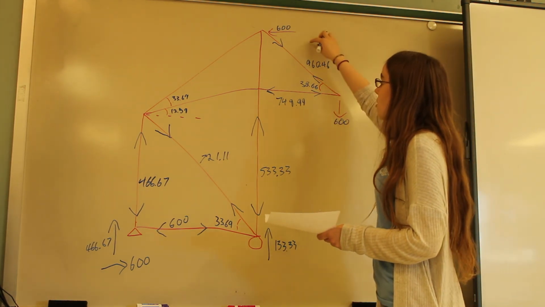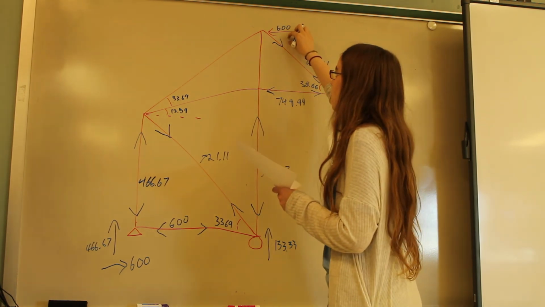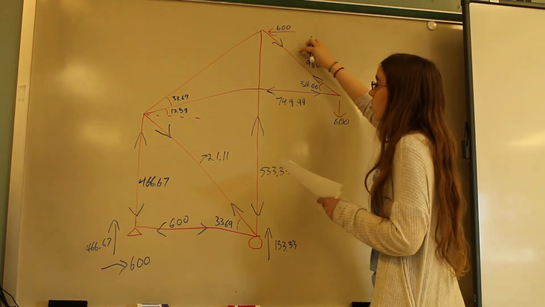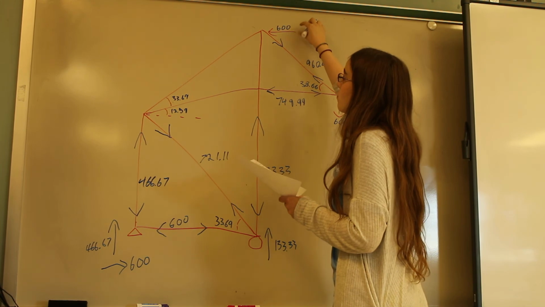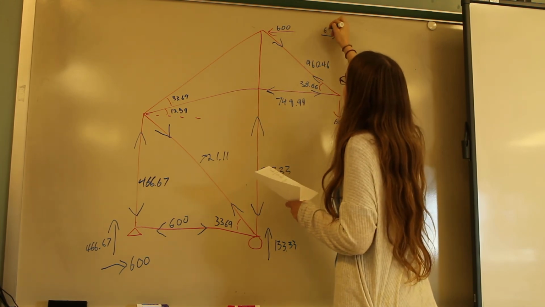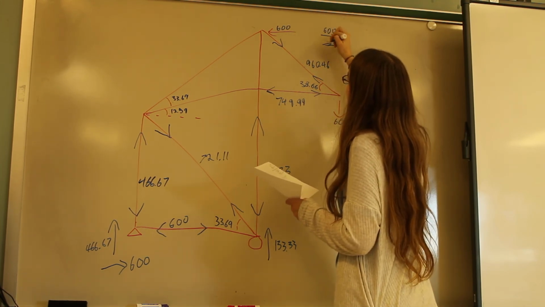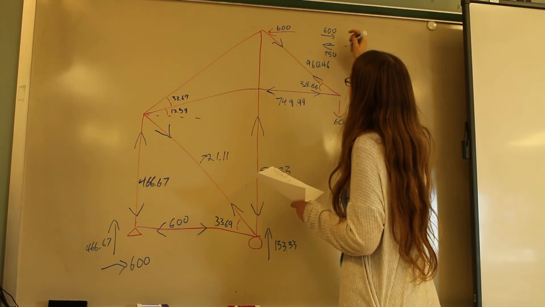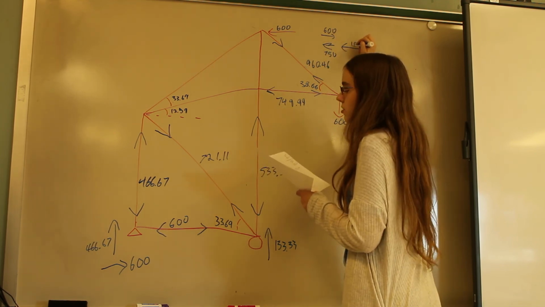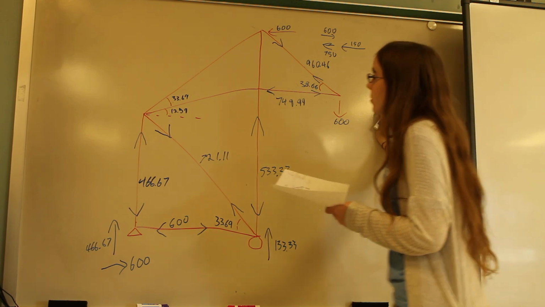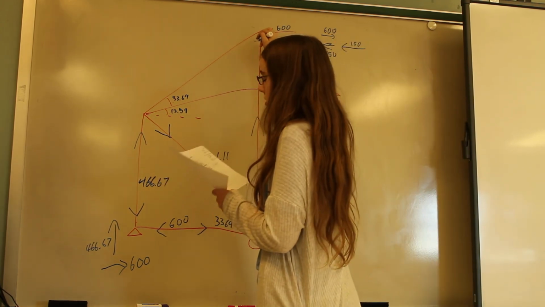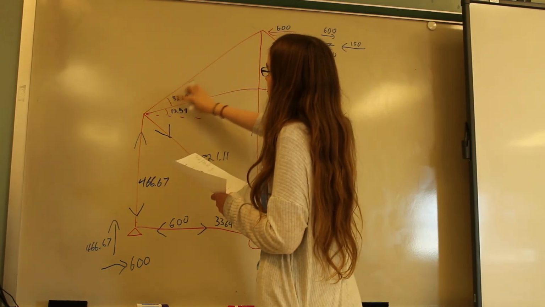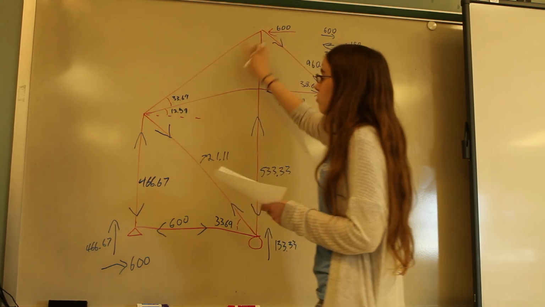So there are 750 pounds of force going this way along this arrow and 600 going this way, which means that there's a total force of 150 in this direction. So the x component of this beam needs to be equal to 150.